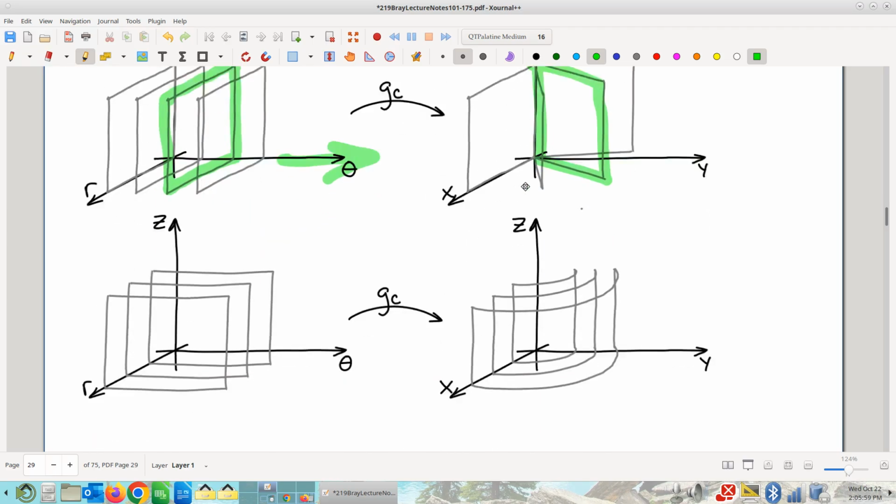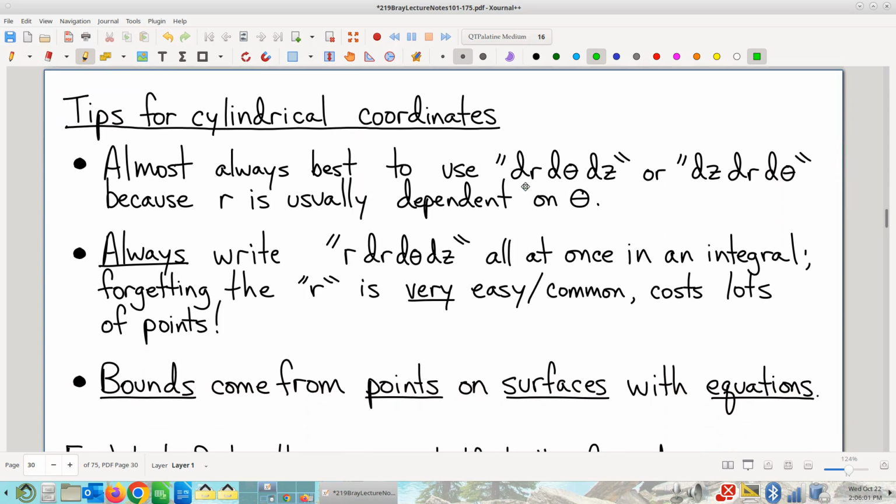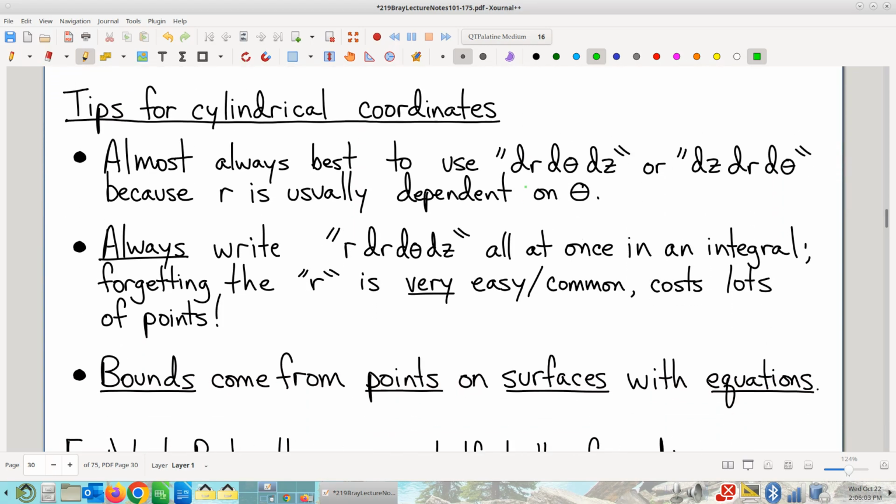So let's do a couple of these. Now, some similar tips. Here, unfortunately, I do have to recognize there are actually two orders of the differentials that can be good choices, distinguished by always keep your dr and d theta together and in the usual order.